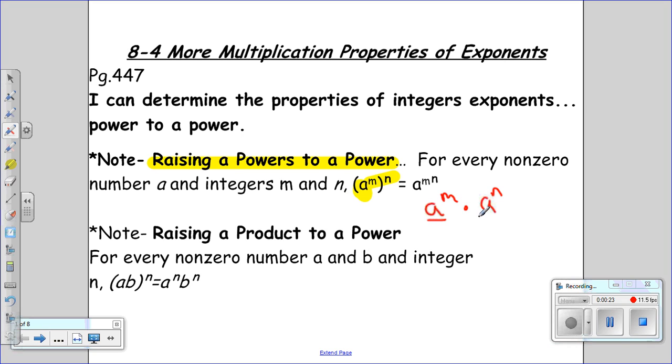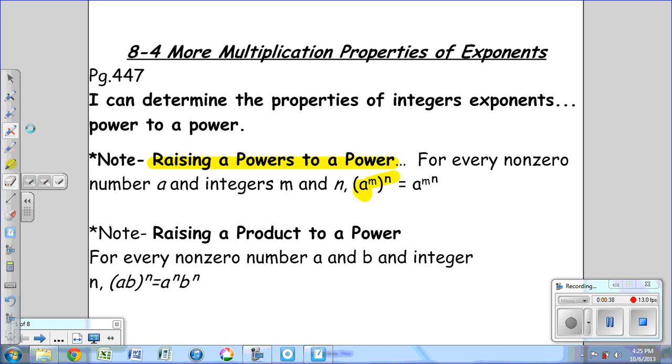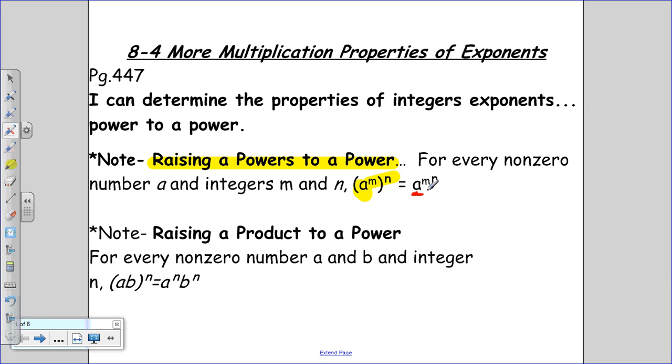If I have two bases that are the same and two different exponents, I would put those together by adding my exponents. But when I have just one base, like this, a to the m to the n, what I do is multiply those together, m times n.